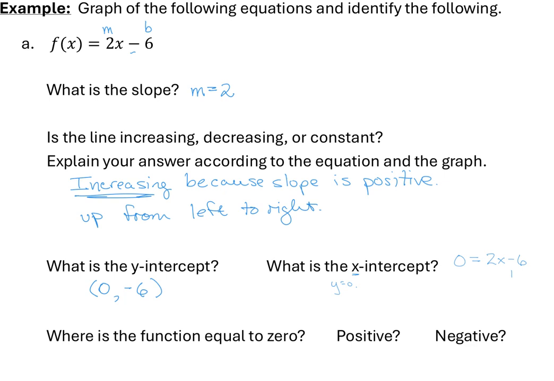So we can add 6 to both sides, and then we can divide by 2. And we get that the x-intercept is 3. Remember, this is an x value. It says x equals 3, so we plug that in for x, and my y was 0.